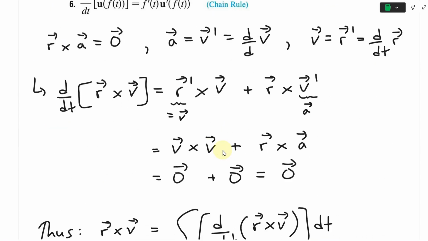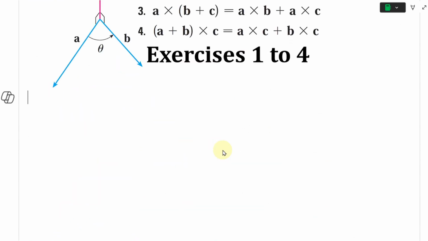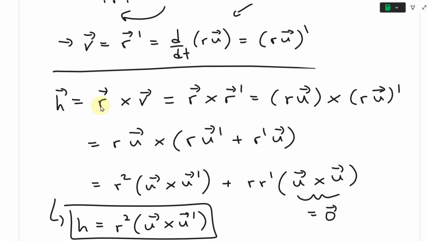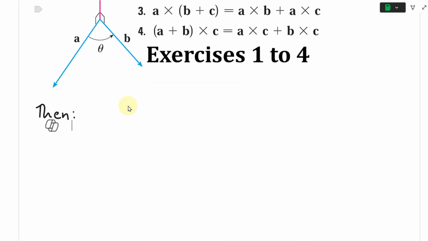Yeah. So basically, what we'll do is I'm going to write here. Then, because the one we just did above, this one right here, we did r cross v. Well, actually, besides the point, we're just going to take now a cross h.